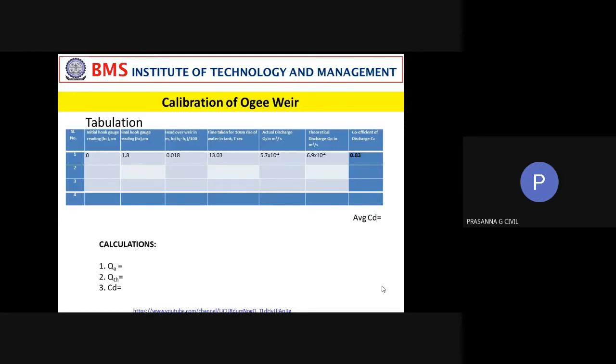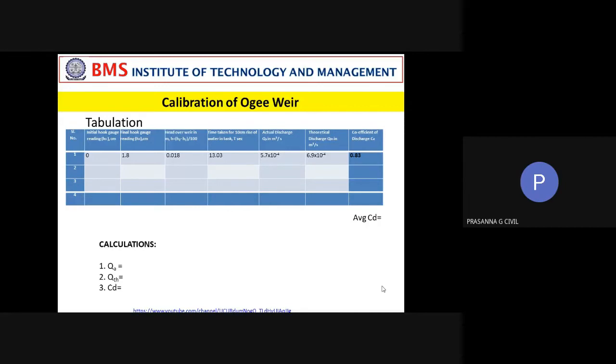Therefore, the head over the weir will be calculated as H2 minus H1 divided by 100, so that it is converted into meters. The time taken for a 10 centimeter rise of water in the collecting tank is observed, and it is entered as 13.03 seconds. So these are the readings that will be taken from the experimental setup.